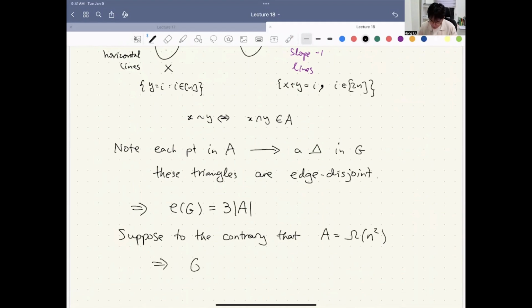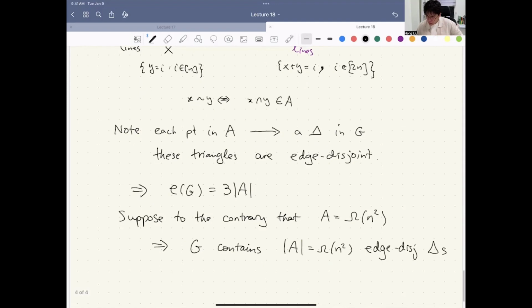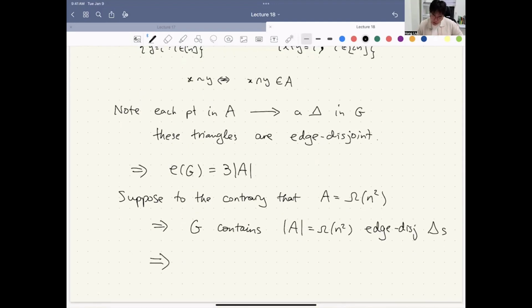Then we will get that G contains 3A, which becomes quadratic, okay? G contains A many, which is quadratic many, edge disjoint triangles. This, using the contrapositive for triangle removal lemma.